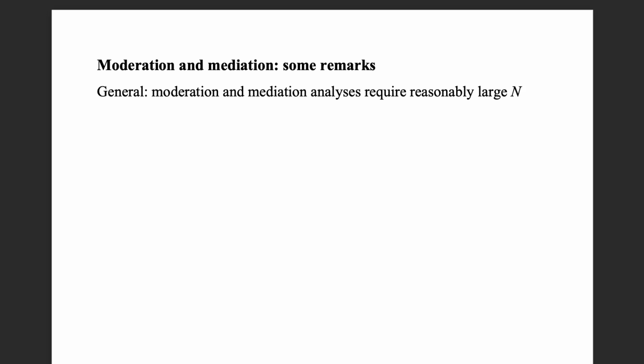Mediation effects tend to be small because we have these indirect effects, which are only part of the original relationships. So we have a situation where the models are relatively complicated and effects tend to be relatively small. That means we need a lot of observations to reliably do moderation and mediation analysis, because we have not that much statistical power and the risk of overfitting is quite large, since you're introducing so much complexity to the models.